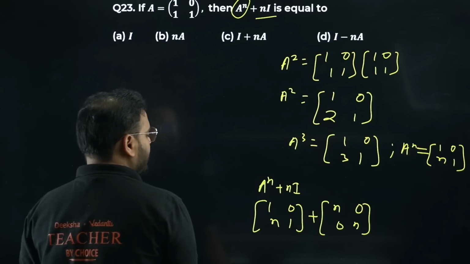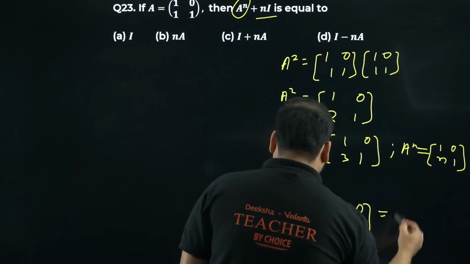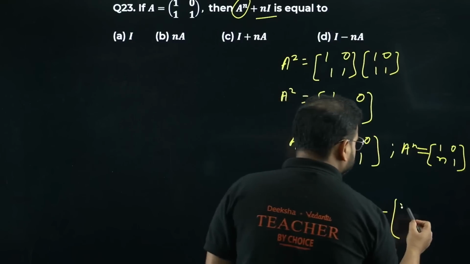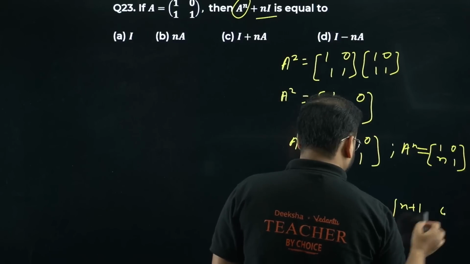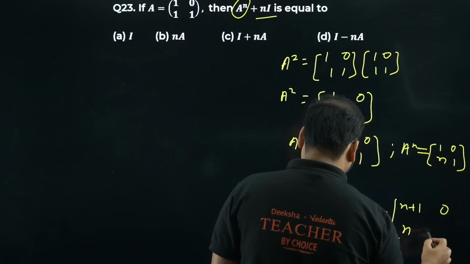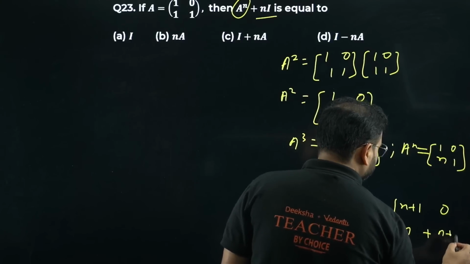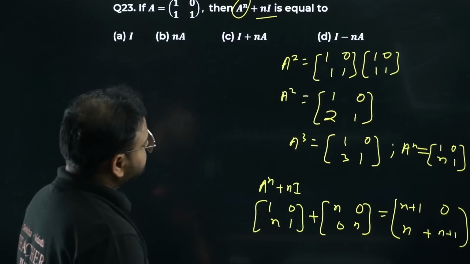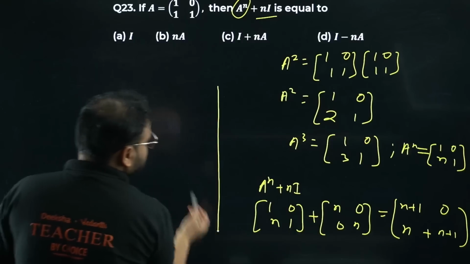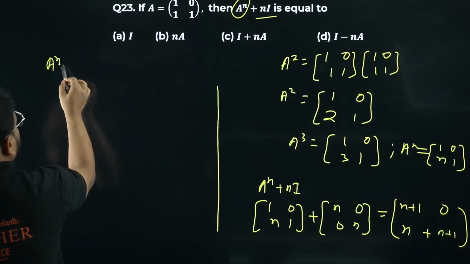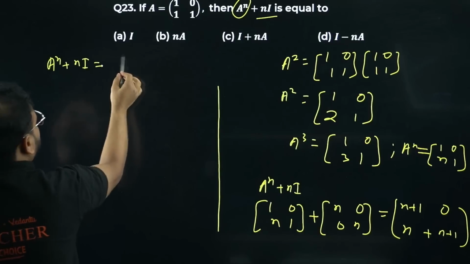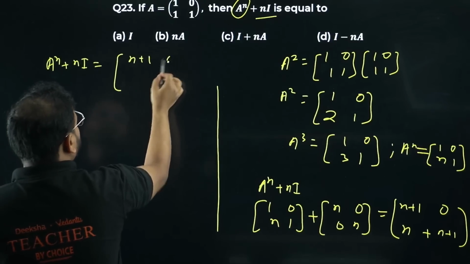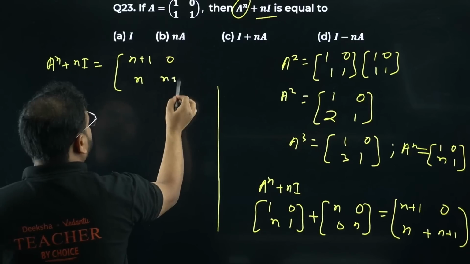So add them. You'll have over here n plus 1, 0, n, and n plus 1. So A^n plus nI is coming out to be [n+1, 0; n, n+1].